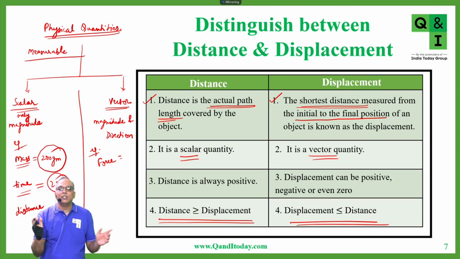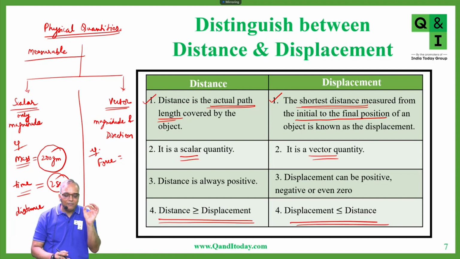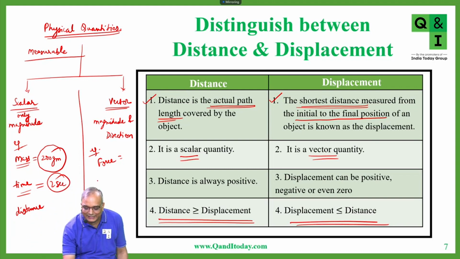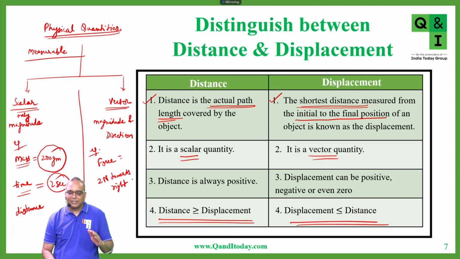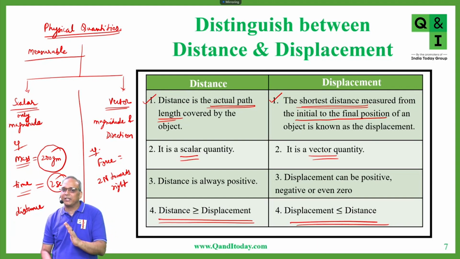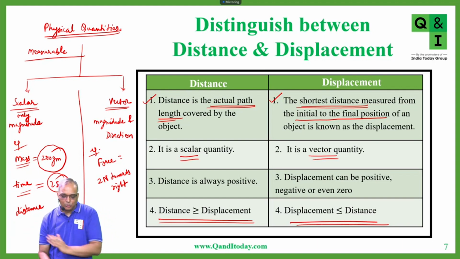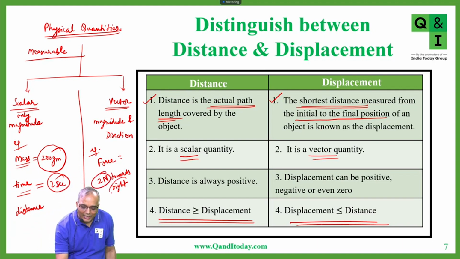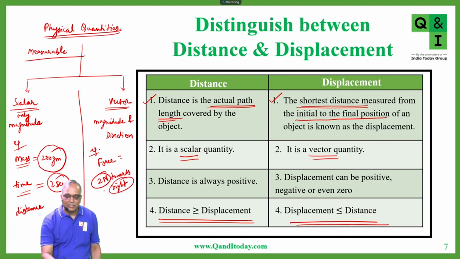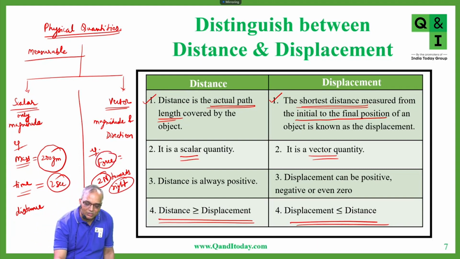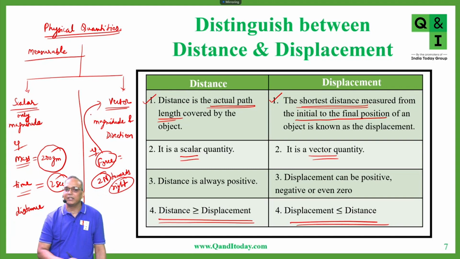So to specify what force we are applying, we always have to tell the direction as well. So 2 Newton towards right: I am pushing a body with a magnitude of 2 Newton towards right. 2 Newton is the magnitude and towards right is the direction. So force is an example of a vector quantity.